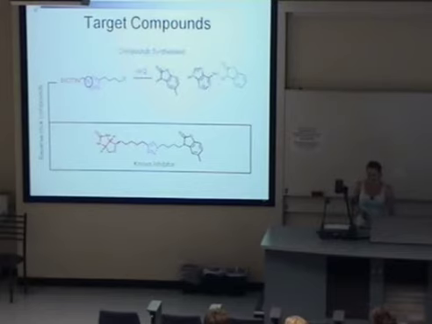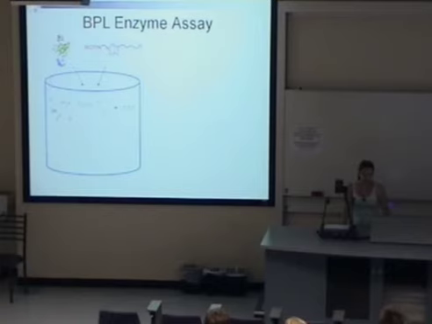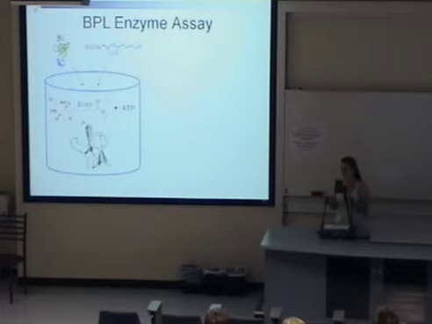So once I synthesized those ones, there's a couple of different analogues. I had to test them to see if they're effective. So we get the compound, we get BPL, or biotin protein ligase, the enzyme that we're trying to inhibit, and we put it in with the natural material which would be inside the cell, so it could perform its function that it normally performs inside the cell.